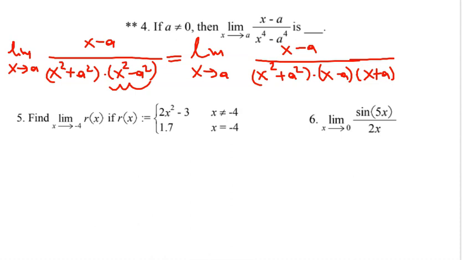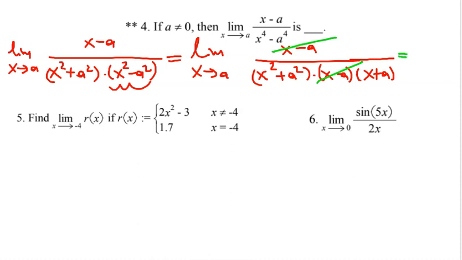So we can simplify it really quick. These x minus a's are going to be gone. Then it's pretty simple to apply the plug-in method, because when you substitute this a value, it's not going to cause discontinuity. It's not going to cause this entire function to go undefined.